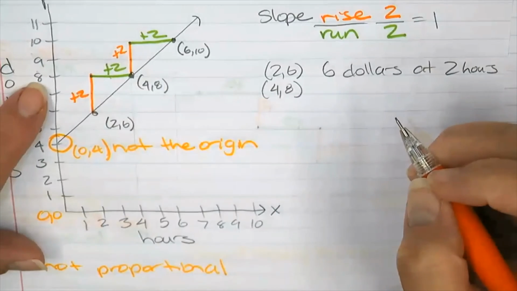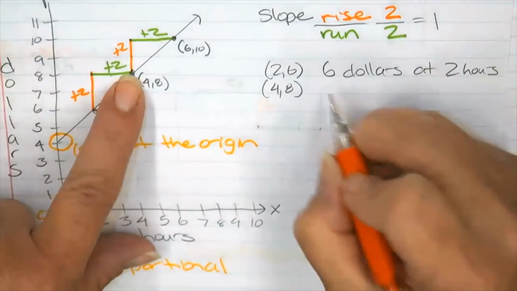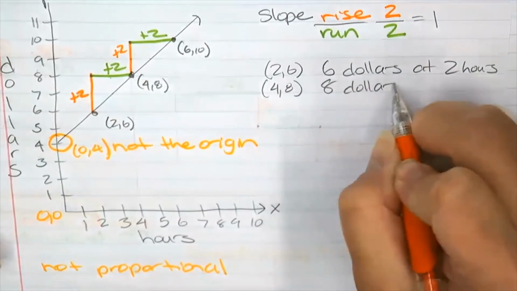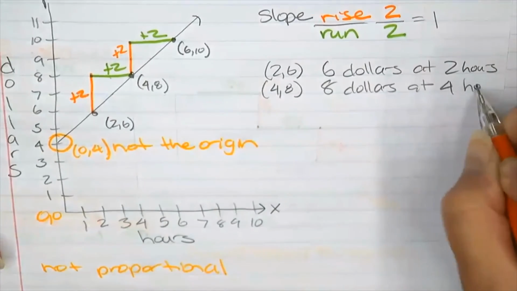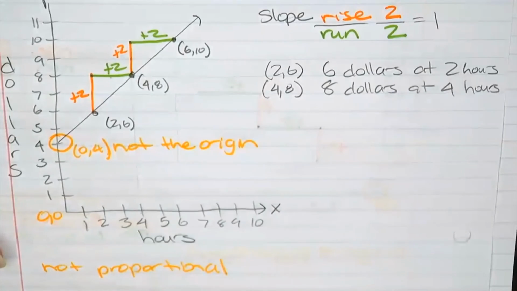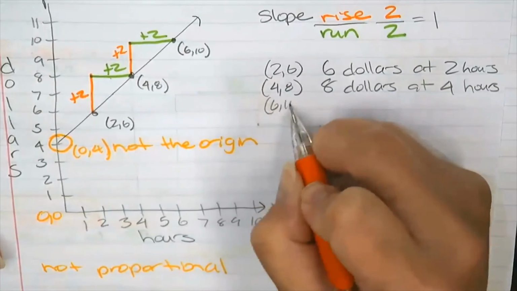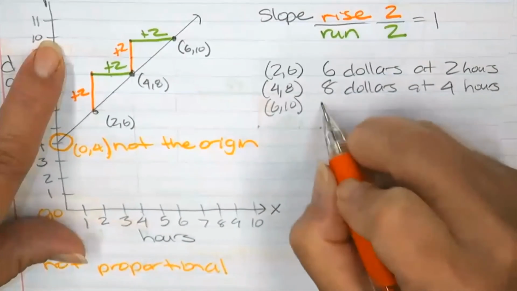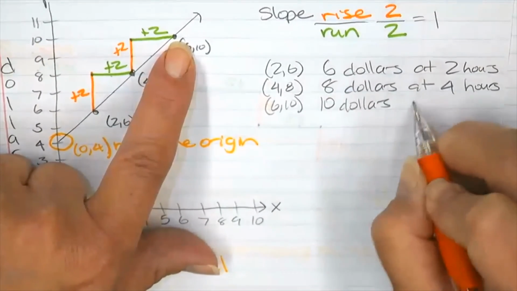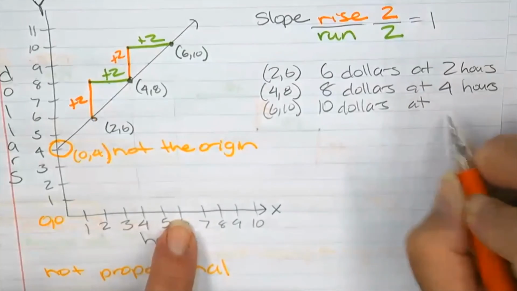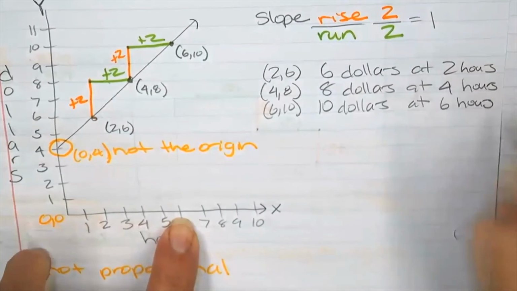So we have $8 at 4 hours. Let's take a look at 6, 10. We have $10 at 6 hours.